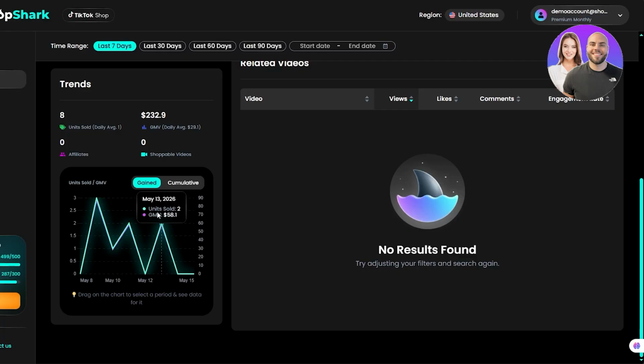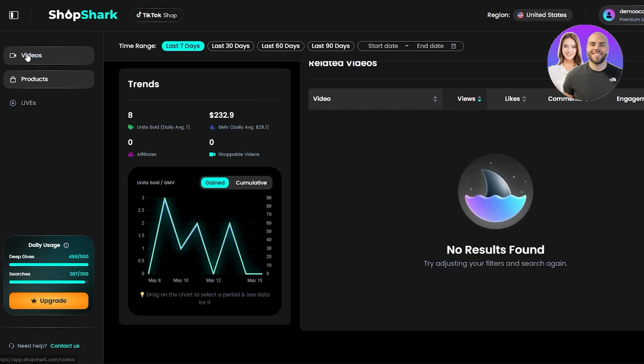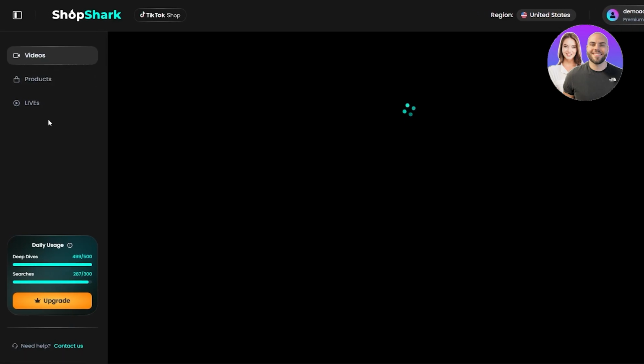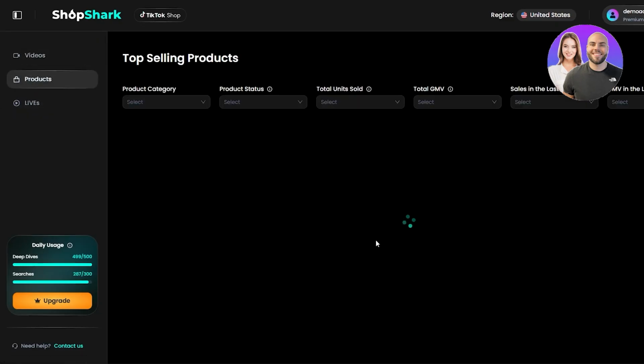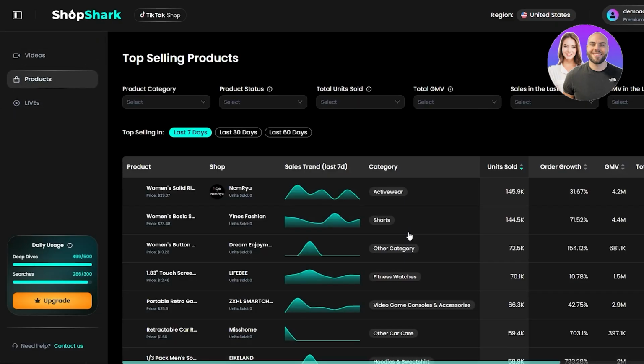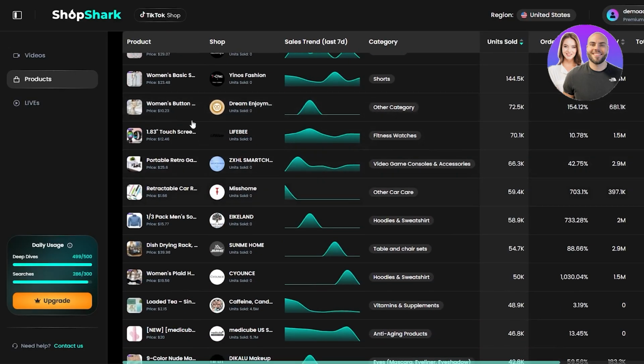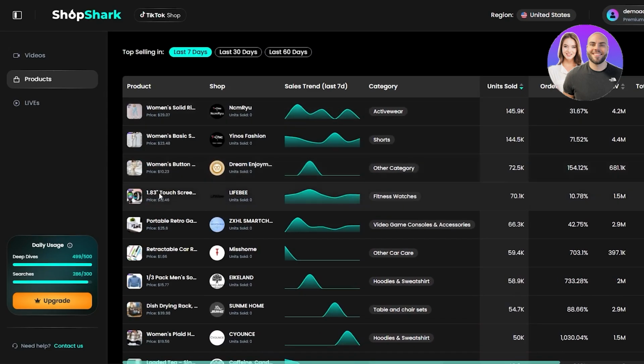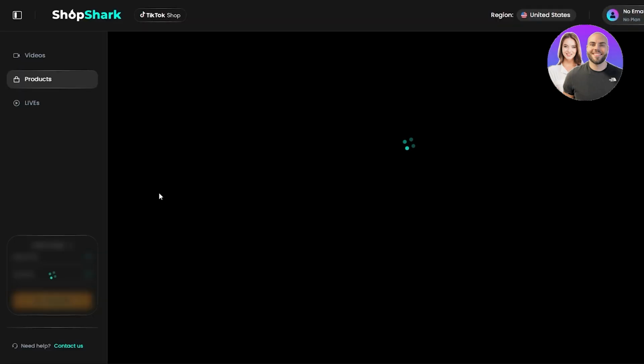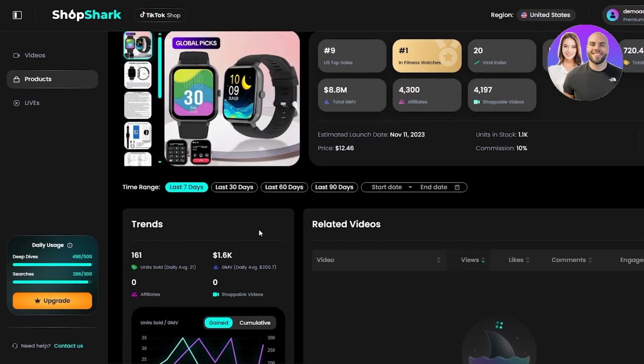So, personally, here's the workflow I recommend for beginners. First, look for products with rising momentum instead of already saturated products. Secondly, check whether creators are actively promoting them. So simply click on the product, and once you do this, you're going to see how the creator work is going on.